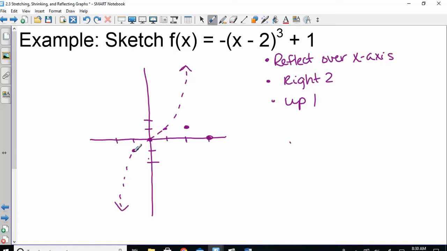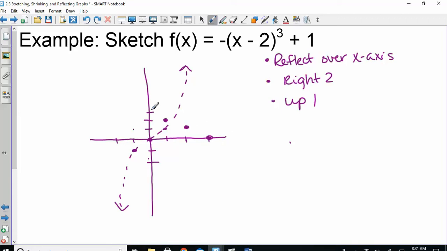Alright, if I take this point, negative 1, negative 1, and flip it over the x, where does it go? Negative 1, 1. So now we're up here, and then we go right 2 and up 1. Can you tell what your graph looks like now? Not really. A little.